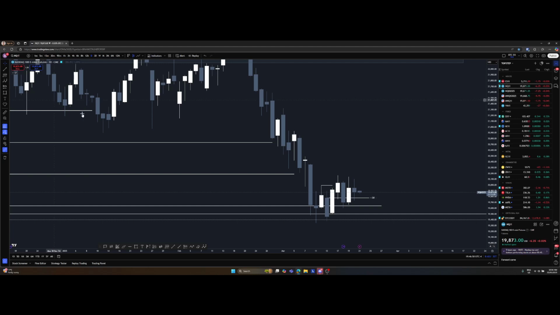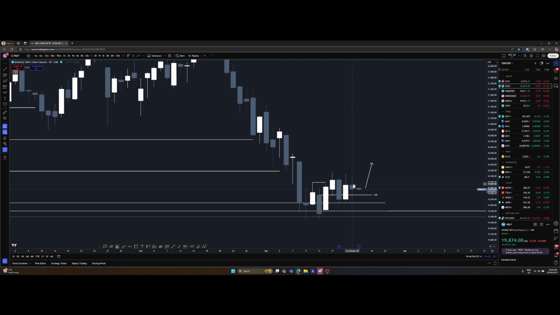So if we do break up next week on the daily, we can look at if this holds here and 50% of this candle, if we end up flipping this down close candle here, you can look at that for possible support.